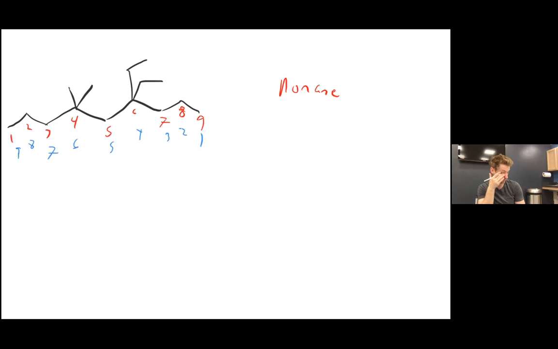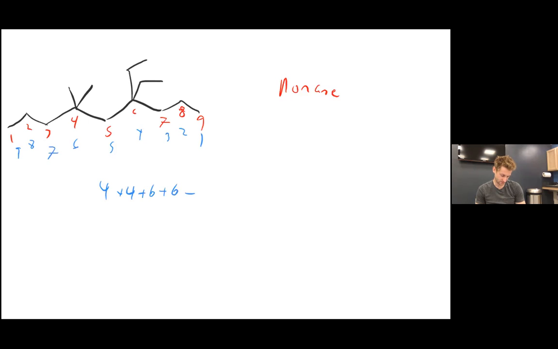Okay, so for this example here, we have 2 methyls in red on 4, plus 2 ethyls on 6.